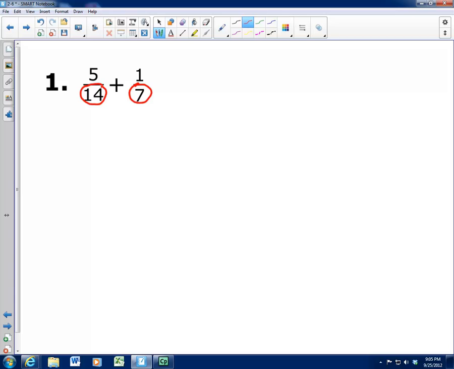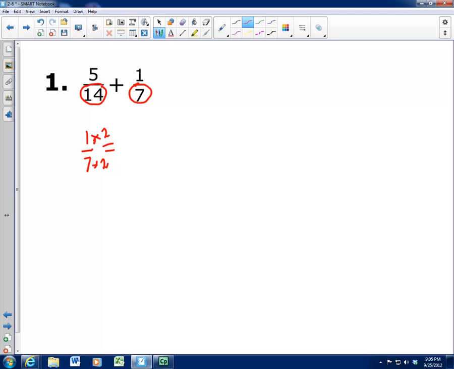Okay, so I'm going to rewrite my equation with my equivalent fractions. So I'm going to take this 1/7 right here and multiply both the top and the bottom by 2, because again, if my common denominator is going to be 14, I know that I'm going to have to multiply both the top and the bottom times 2.